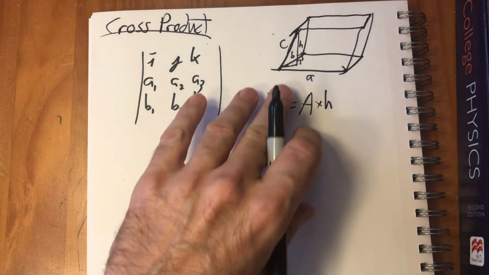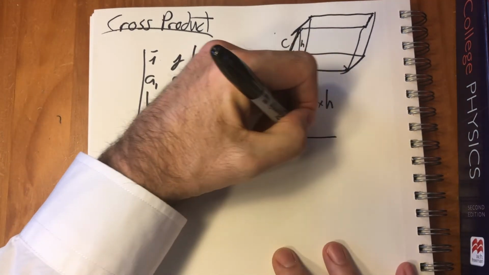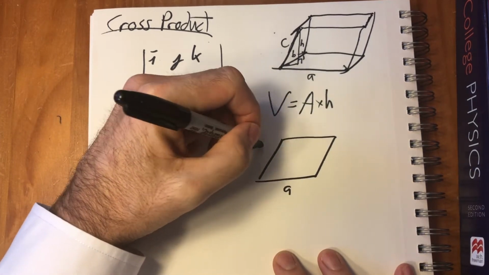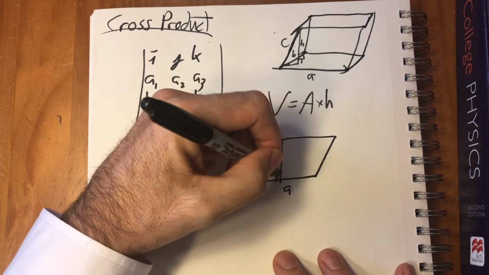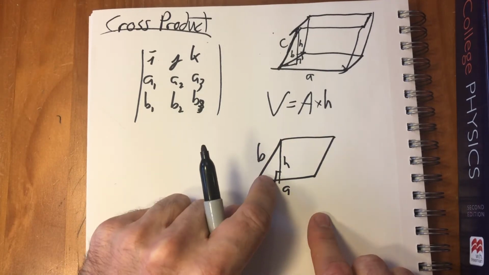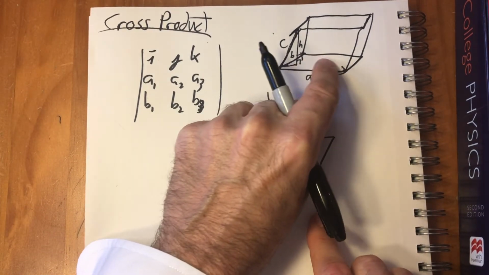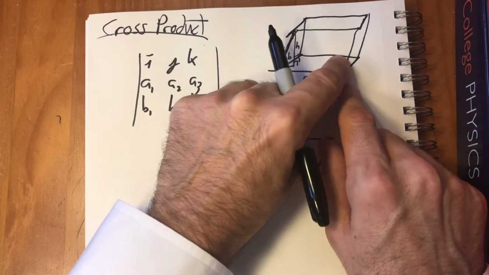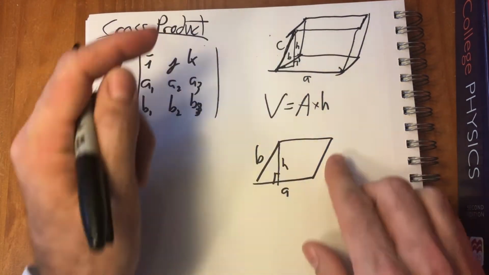So in this case, just like if you remember with a parallelogram, we had A, B, and we dropped down a height here. It's always the base times the height. So in 2 dimensions, it's the base times the height. In 3 dimensions, the base is the area times the height.